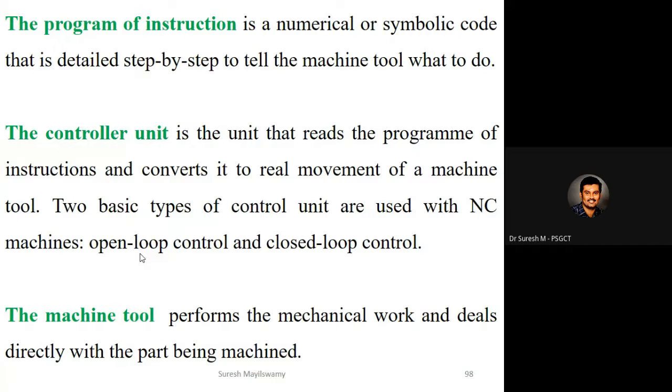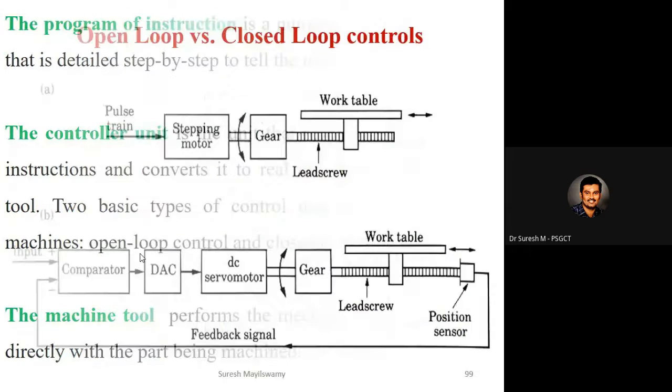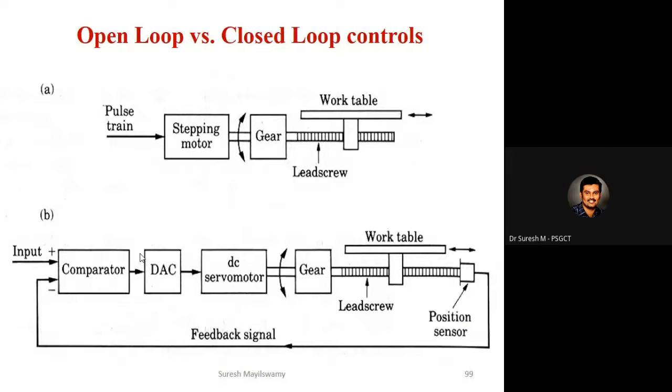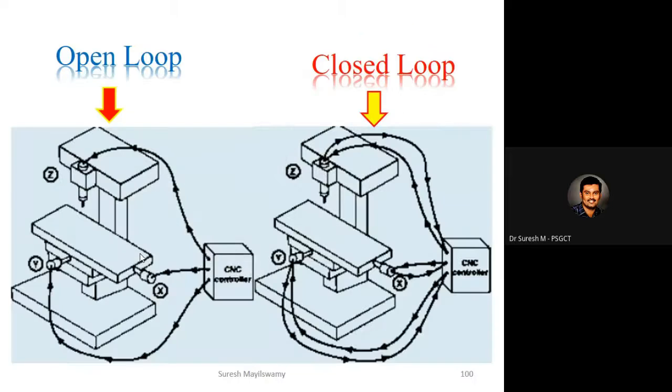Hope you all know how to develop open and closed loop systems for CNC machines. These are examples of open loop and closed loop systems. Without feedback is open loop. Using feedback, we can control the entire machine tool, which is the closed loop system. A closed loop system is more suitable for CNC machines.